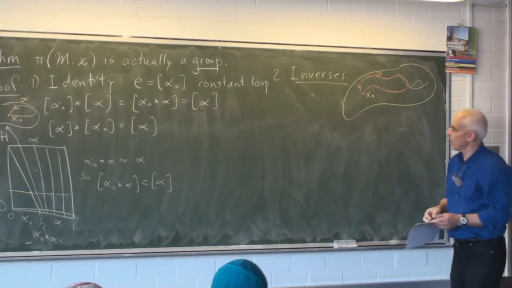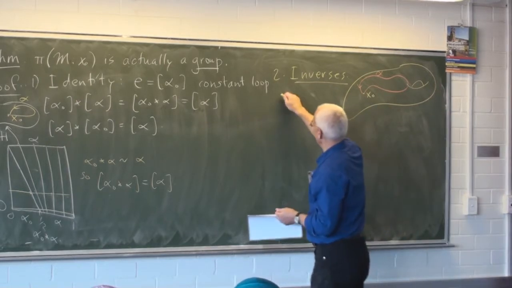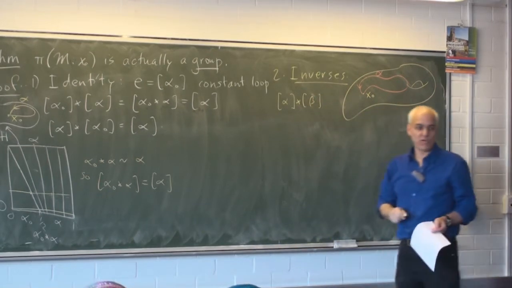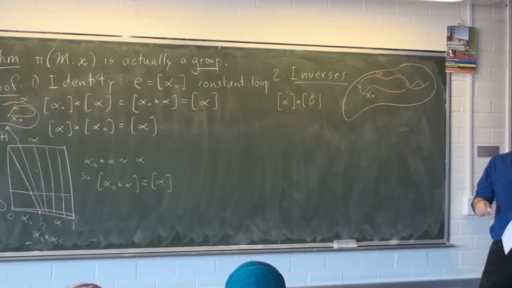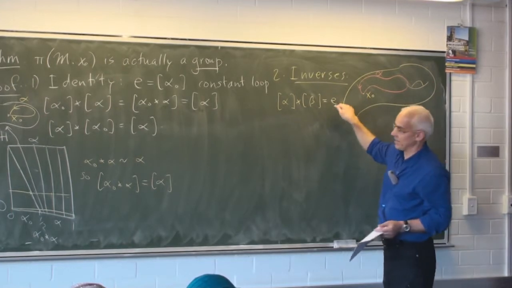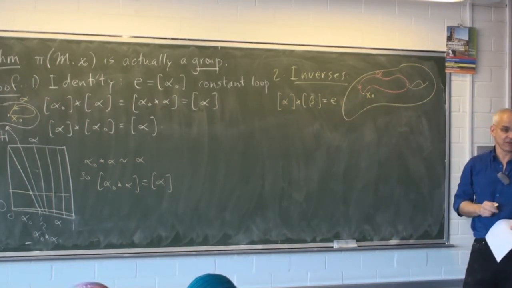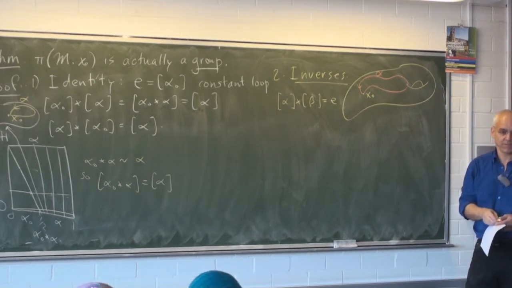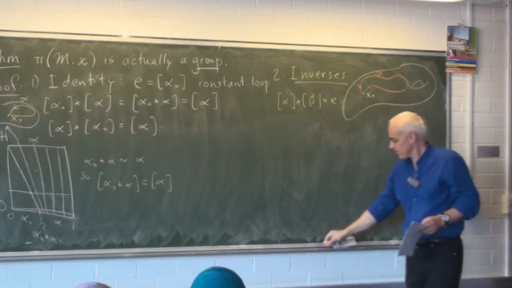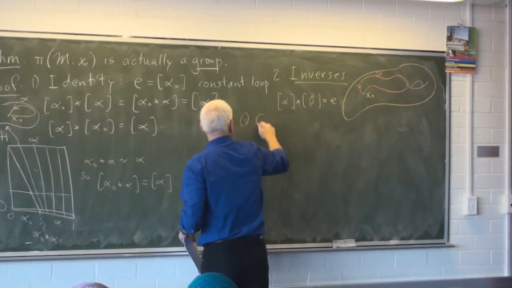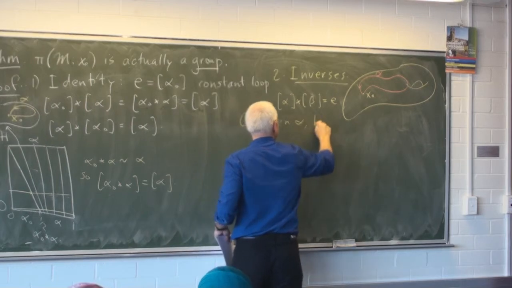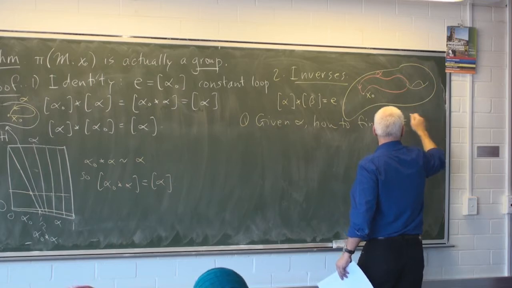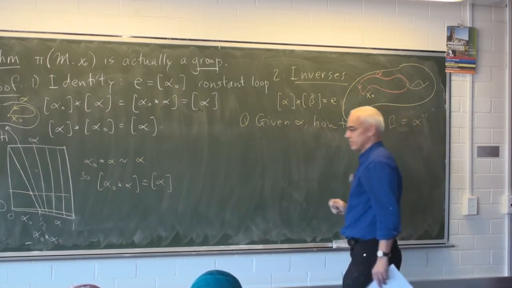I have to convince you that we can find another loop beta so that alpha times beta equals our identity element, equals the constant loop, in homotopy. So the question is, given alpha, how to find beta, which is going to be the inverse of alpha.